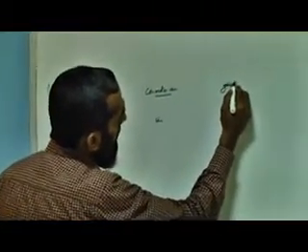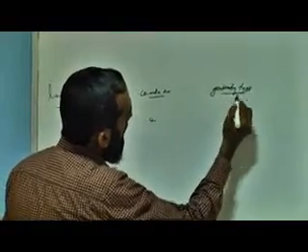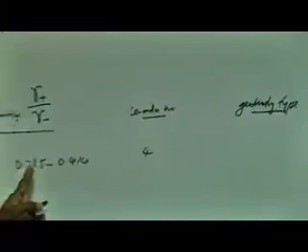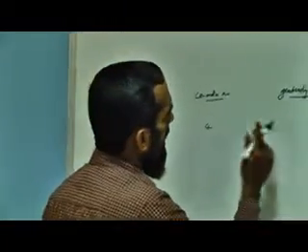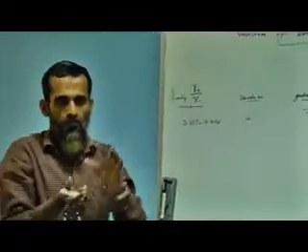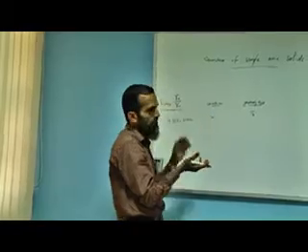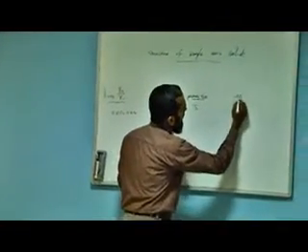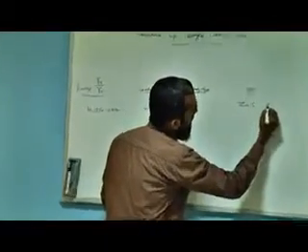The geometry type, if it is 4, means this is the tetrahedral void, so the void will be at the center of 4 spheres, so this is tetrahedral geometry. That means the 4 anions make up the close packing, and in the tetrahedral void a cation will be placed. Let us put examples for this: zinc sulfide, beryllium sulfide, etc. belong to this category.